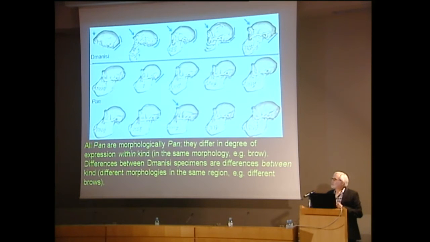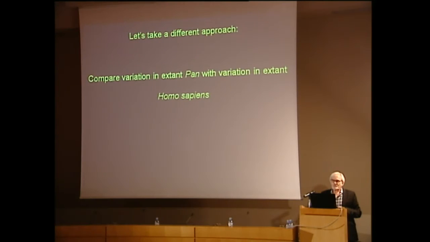The answer would be not if you had skull 5. You would not be able to predict that, in fact, 2880 would be the morphology that you would expect. And indeed, the differences in terms of the configuration of the brow, the development of the post-toral sulcus, and so on, exceed at least the degrees of variation as seen in these chimps.